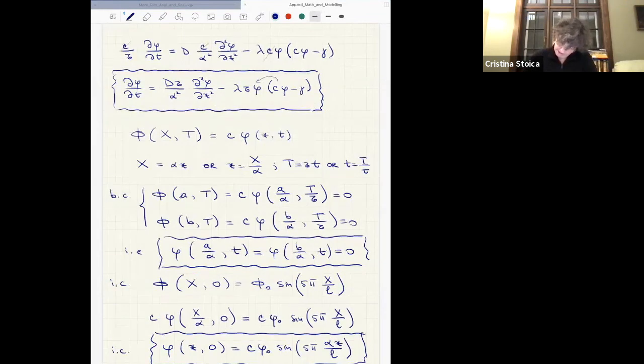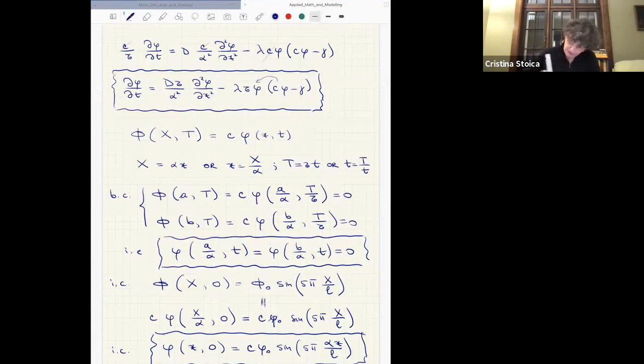Going back, I just substituted here that C is C little phi naught, but we don't know what little phi naught is. So phi naught would be big phi over c.